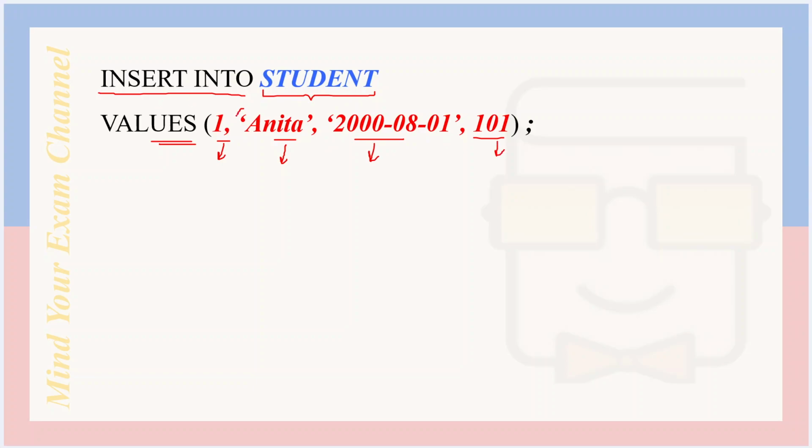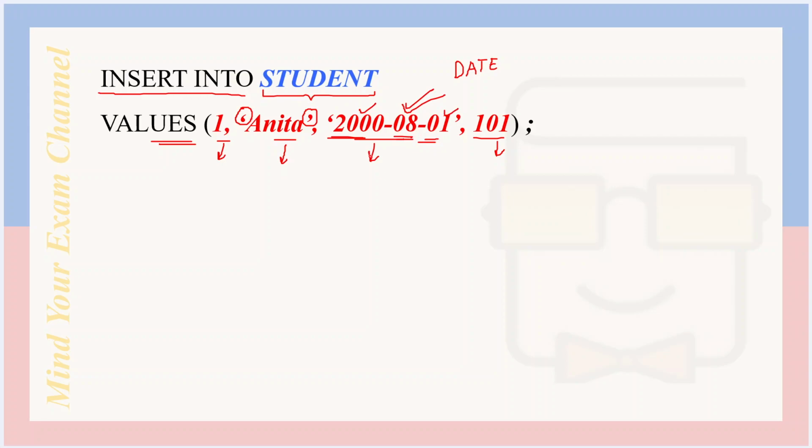Please remember that since the student name is a character or varchar in nature, this attribute value will be specified in inverted commas. And since the student date of birth is of data type date, and date in SQL is always written in YYYY-MM-DD format, the year is specified first, followed by the month, and then the day.